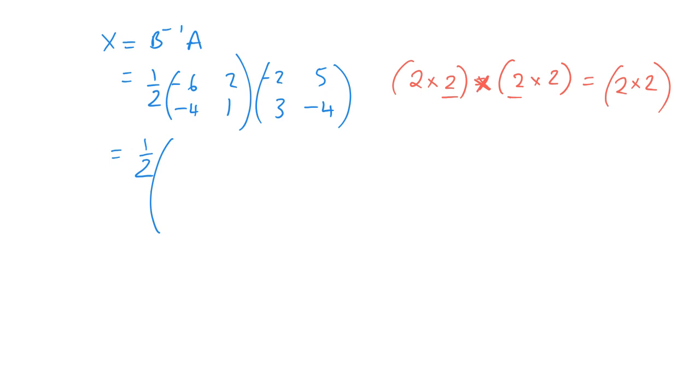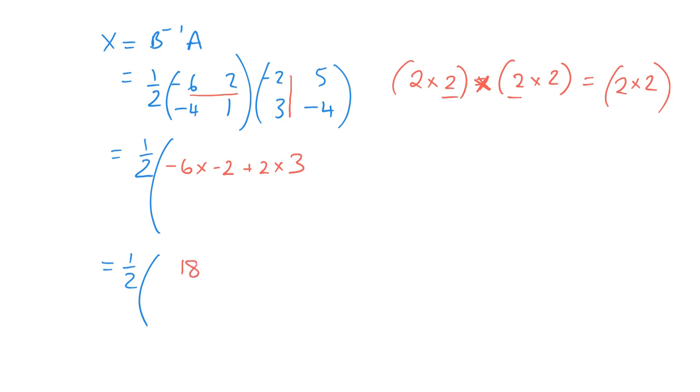Okay, so our first number is going to be found by saying minus 6 by minus 2 plus 2 by 3, which gives us 18.